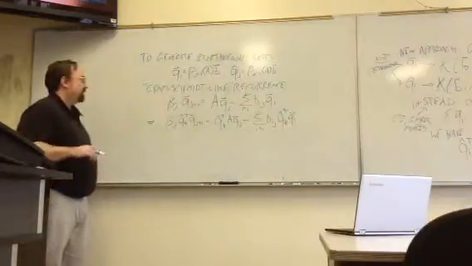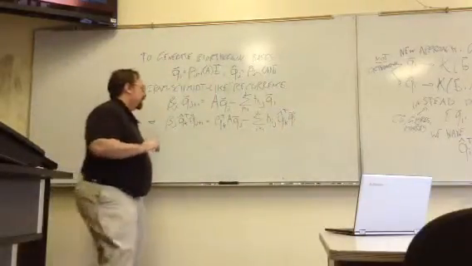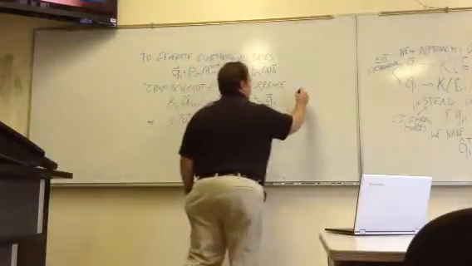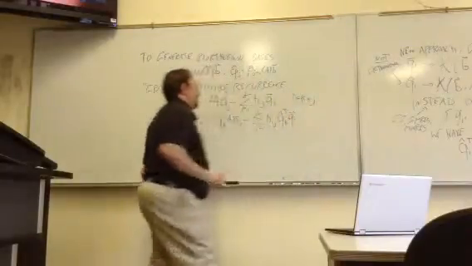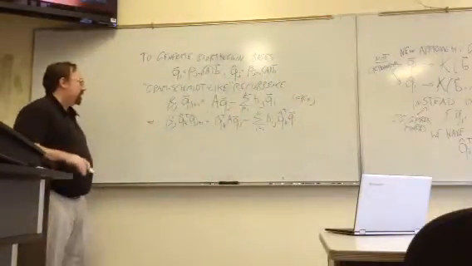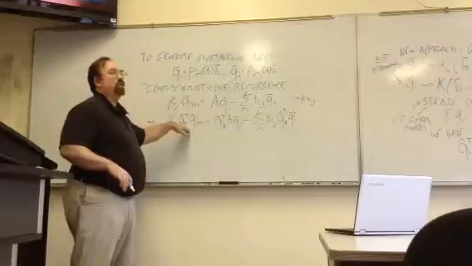Now, I'm going to assume that K is some integer between 1 and J. So this dot product is going to be 0.